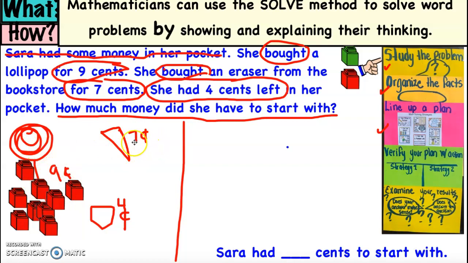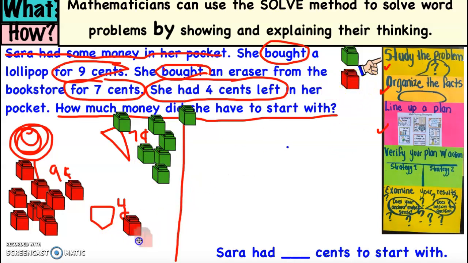And then she paid 7 cents for the eraser. So that's 1, 2, 3, 4, 5, 6, 7, right? She paid 7 cents for the eraser, and she had 4 cents left in her pocket. 1, 2, 3, 4.